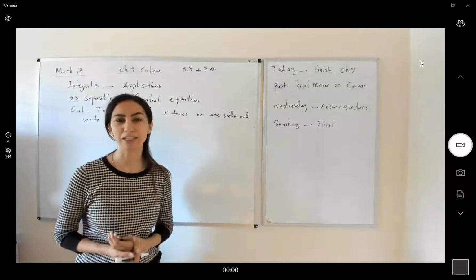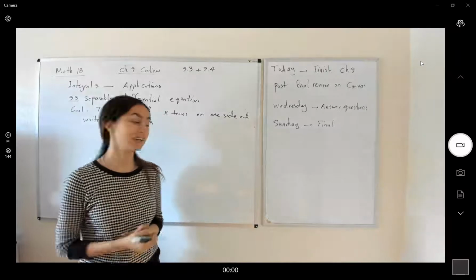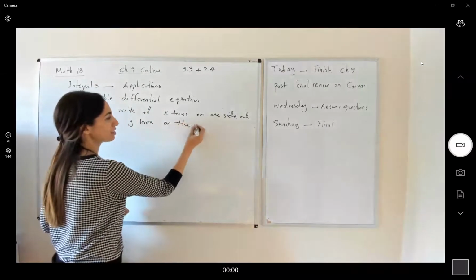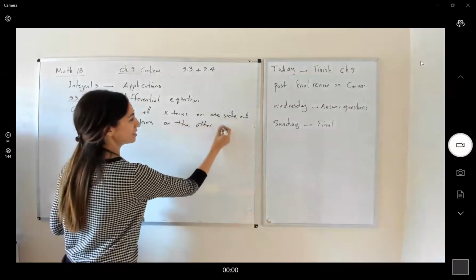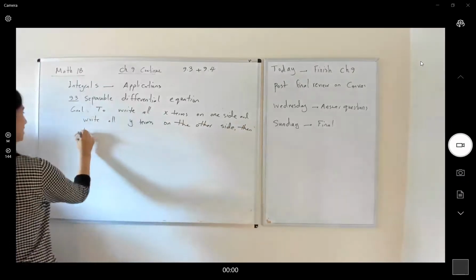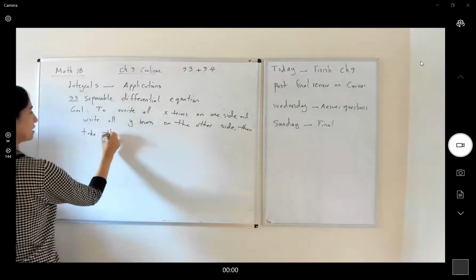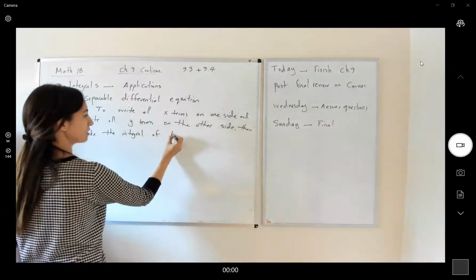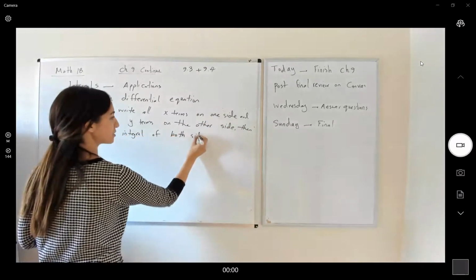If you have a linear term, just one monomial on one side, on the other side. Then take the integral of both sides.